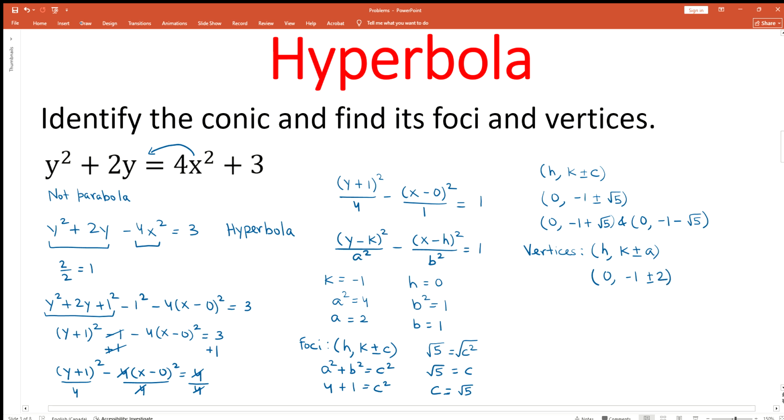So the two vertices are 0, -1 plus 2 and 0, -1 minus 2. -1 plus 2 is equal to 1. -1 minus 2 is equal to -3. So the vertices are 0, 1 and 0, -3. These are the two vertices of this hyperbola.